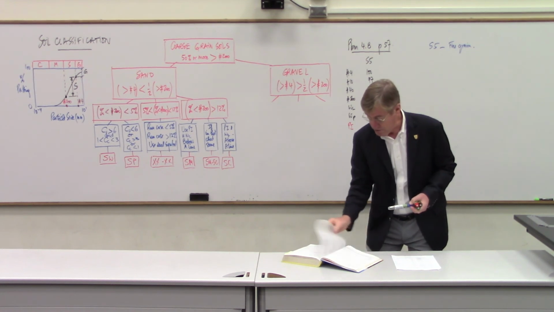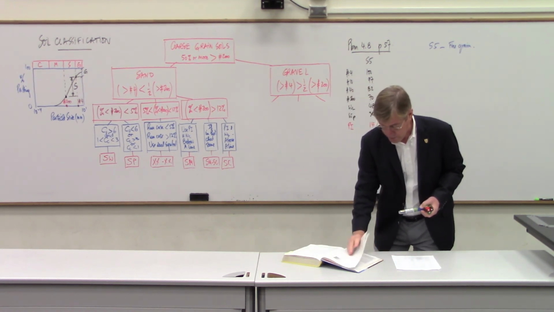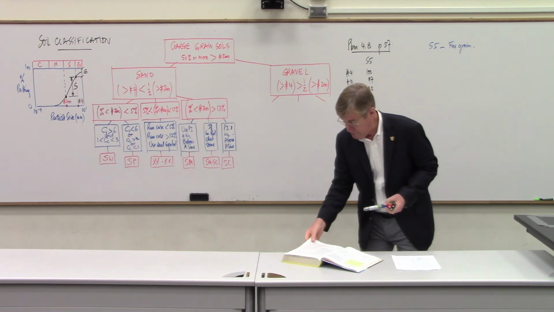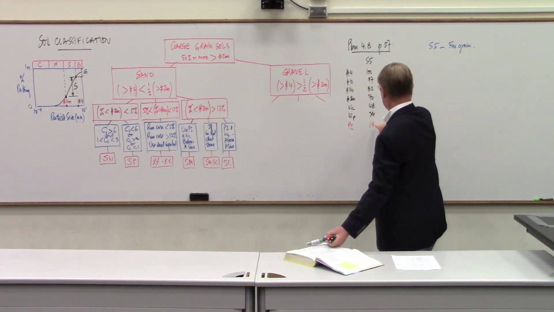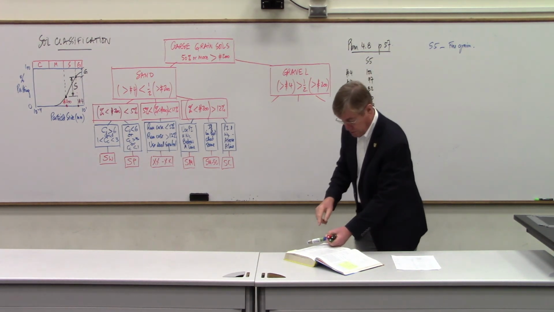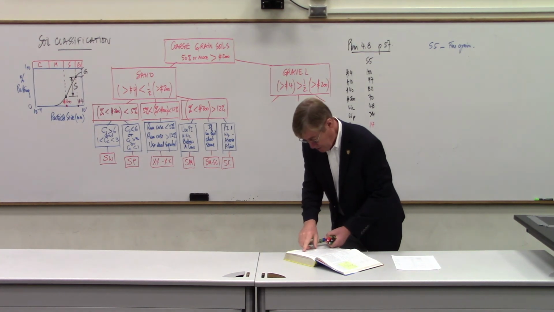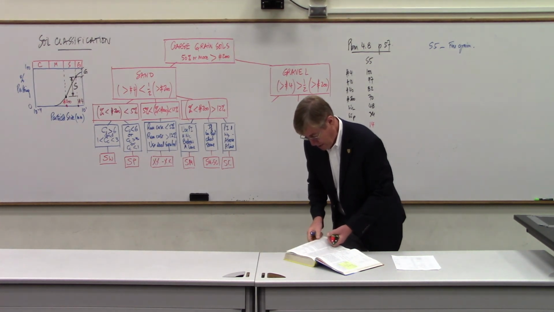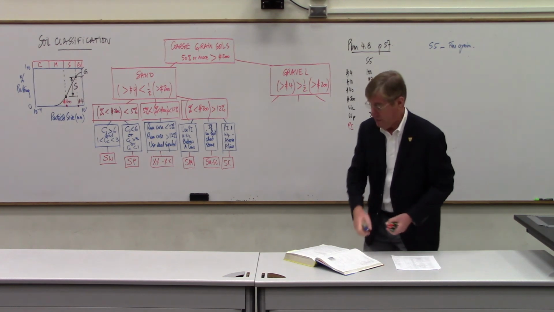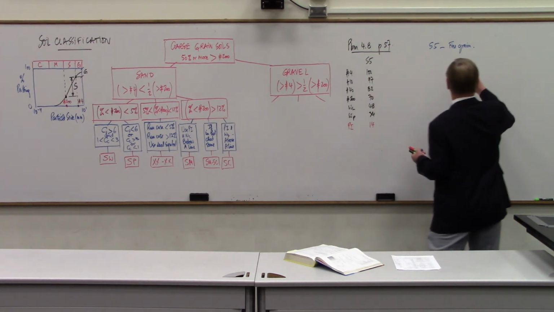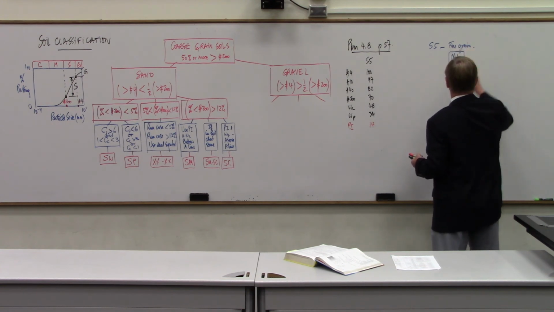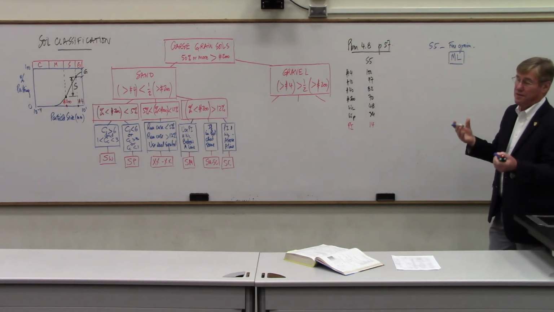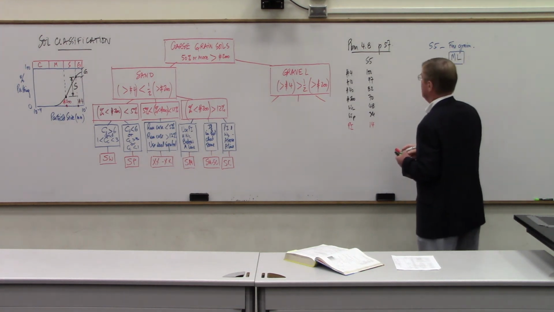And in the plasticity chart, I have a 14 on the vertical axis and 48 on the horizontal axis. So 14 and 48, I'm below the A line, and so I end up with ML. Okay, so that's the classification for that one. Again, fine-grained soil, relatively easy.